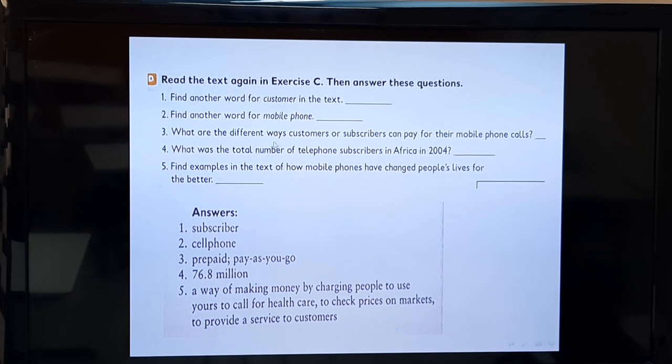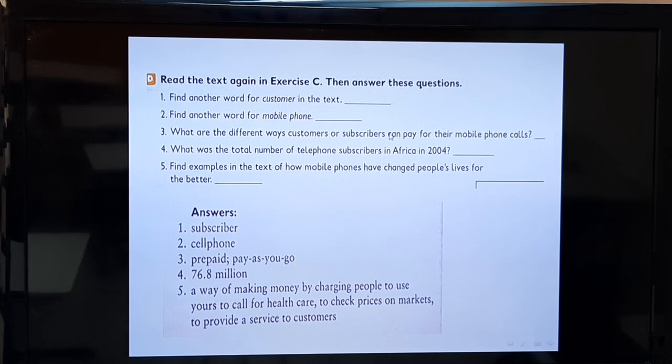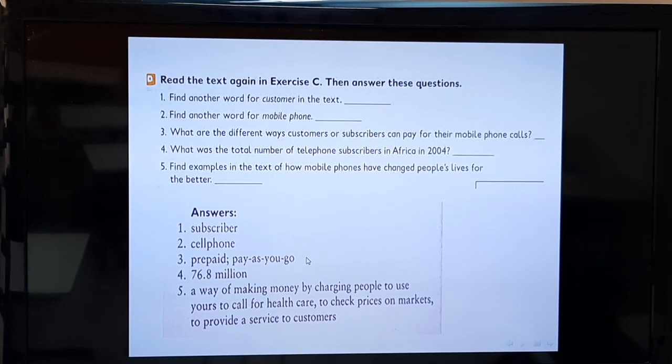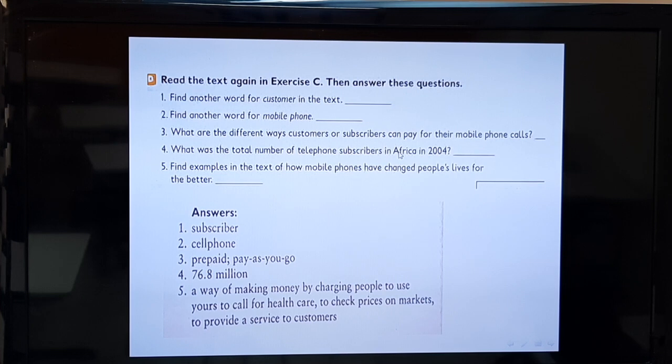What are the different ways customers can pay for their mobile phone calls? Prepaid, pay as you go. What was the total number of telephone subscribers in Africa in 2004? 74.8 million. Be careful with these numbers. Number 5, find examples in the text of how mobile phones have changed people's lives for the better.